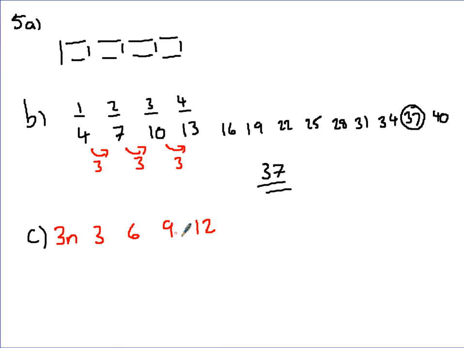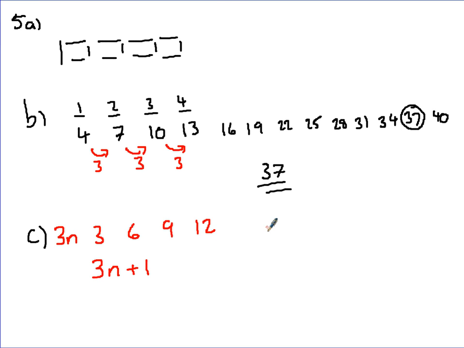Now look at the difference between these. How do I go from my 3 times table to these numbers? I just add 1 on each time. So my nth term is 3n add 1. Now what that tells you is that if you get the number of the pattern, you times it by 3 and then you add 1 to it, you'll get how many sticks you need.